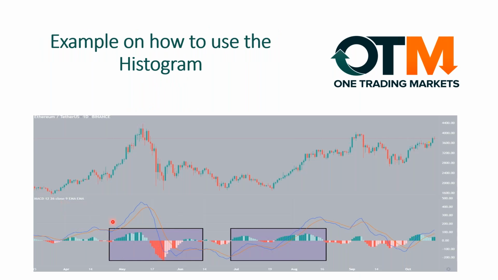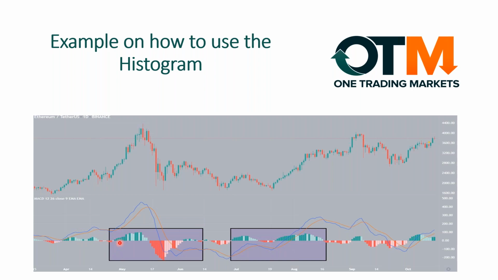For example, let me show you here. Notice how the histogram was moving very low bars here, and notice how these small red ones show very weak sell pressure.